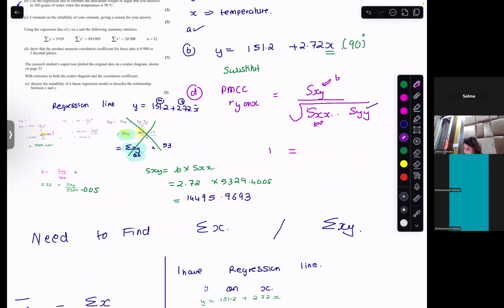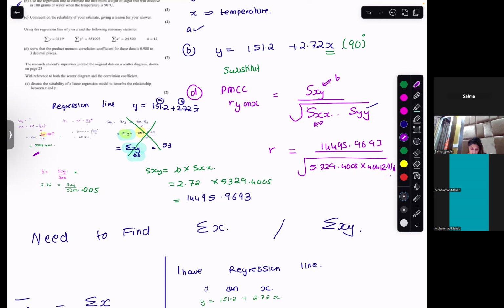So my r is equal to 14495.9693 divided by the root of sxx, that is 5329.4005, into syy, that is 40412.9166 and so on.